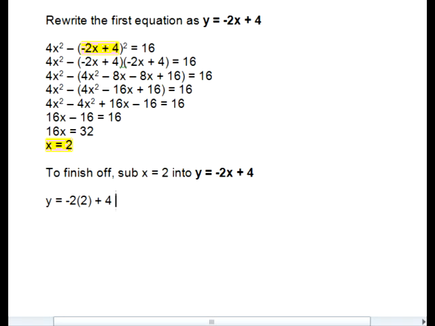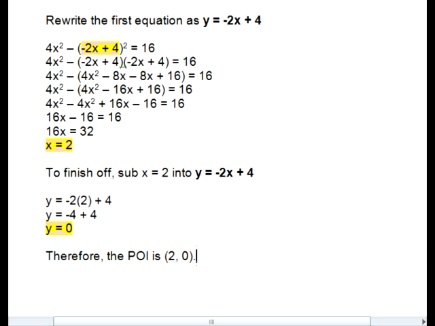Did I make a mistake there? Oh, we're good. Which happens to equal negative 4 plus 4, so y should equal 0. Therefore, the POI, which is point of intersection, is 2 comma 0.